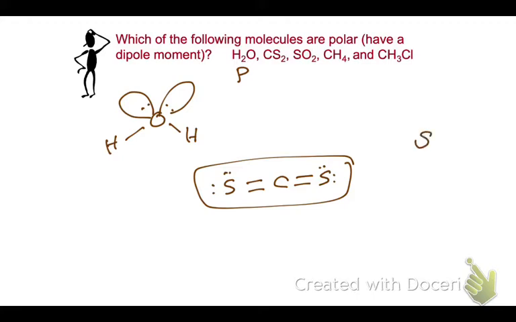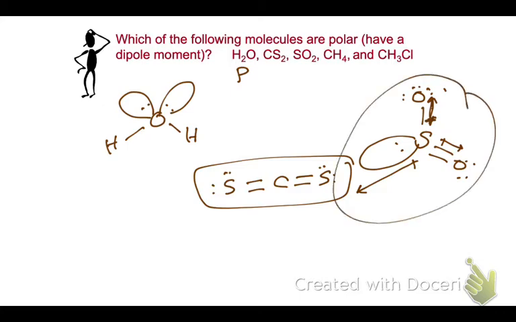If we do sulfur dioxide, which is this molecule here with a lone pair on sulfur, you will see that there are these dipoles going this way, and then there is the lone pair going this way. They are not equivalent, because these are not equivalent to the lone pair. Lone pairs are always larger, so therefore this molecule is polar.